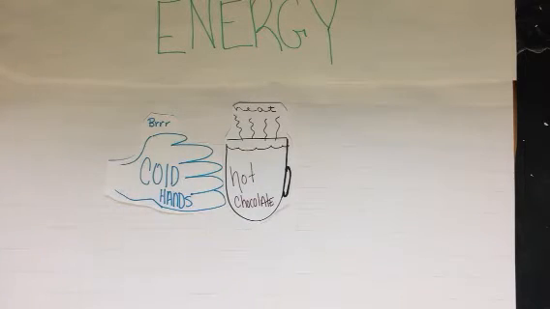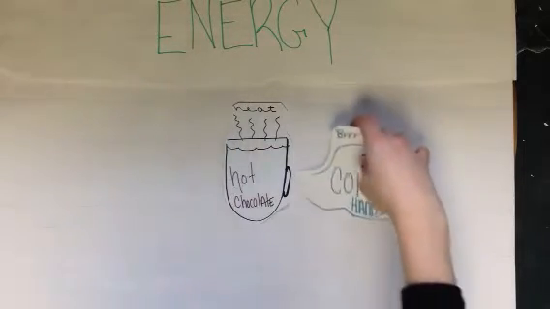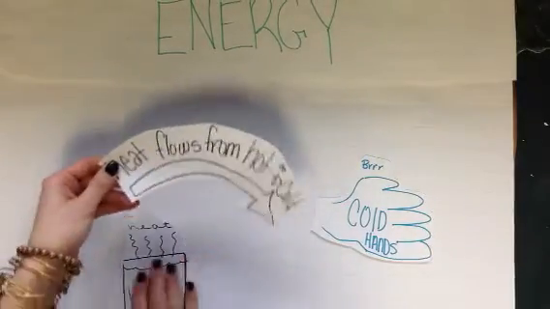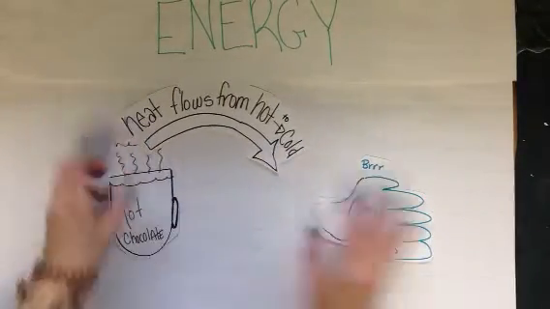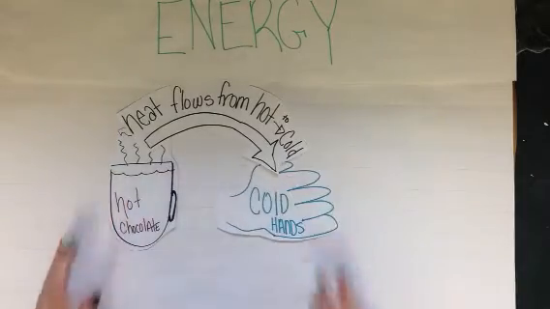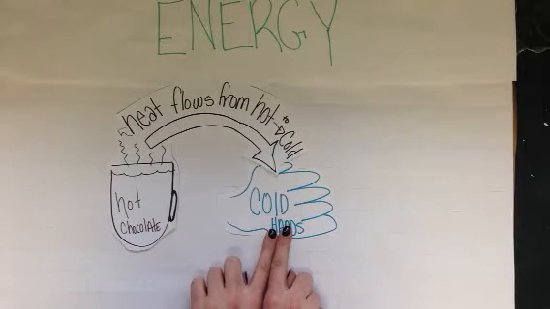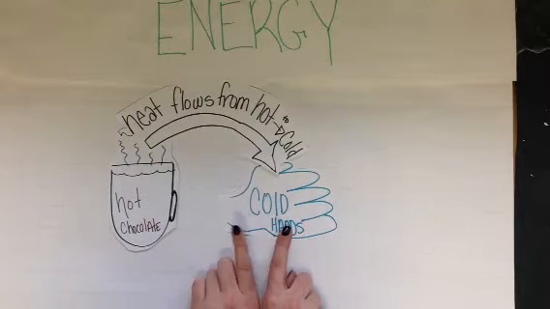Well, what actually happens is that the heat flows from our hot object into our cold hand. So heat always goes from temperatures that are hot to temperatures that are cold. So from hot to cold. So in a sense, you're stealing the heat from the hot chocolate.